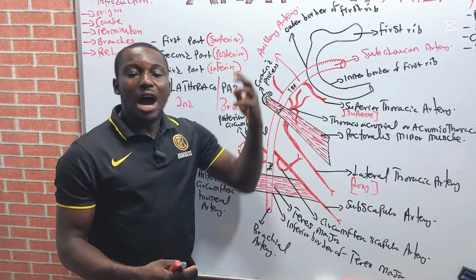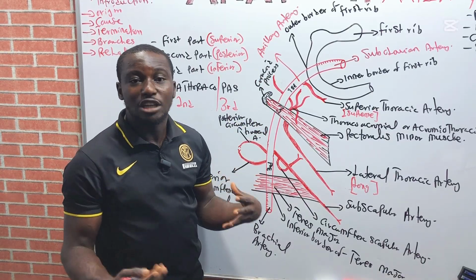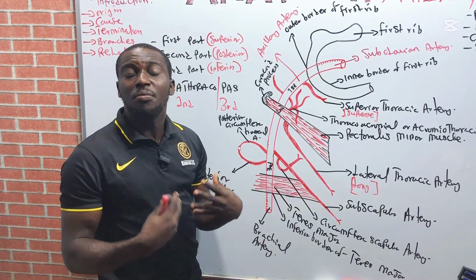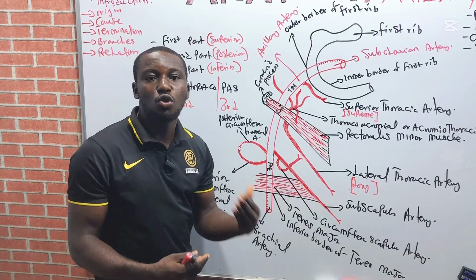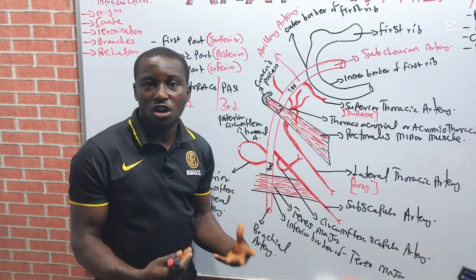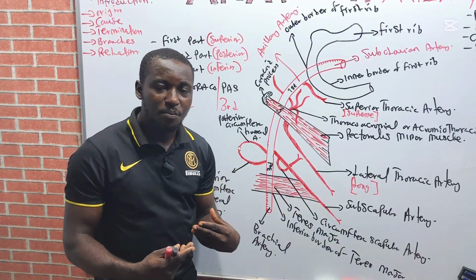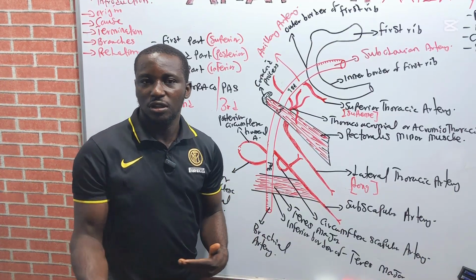That means as the axillary artery runs, the axillary vein usually lies medially to it, and the cords of the brachial plexus. But the cords of the brachial plexus are majorly related to the second part of the axillary artery. The posterior cord usually lies behind the second part of the axillary artery, while the medial cord lies medially to it and the lateral cord lies laterally to it.